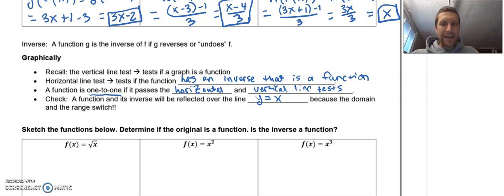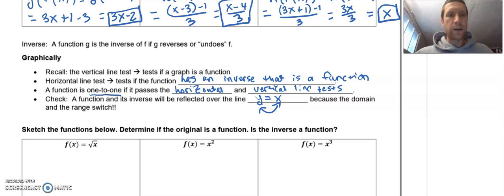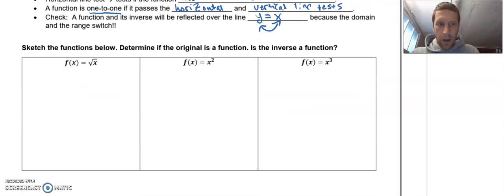And the reason that is the case is because a function and its inverse take their inputs and outputs and switch them. Okay, so y equals x. Your y becomes your x becomes your y. They just switch. Okay, so that's how I remember what they're reflected over. Y and x switch. Okay.